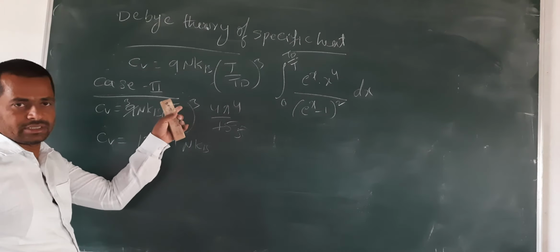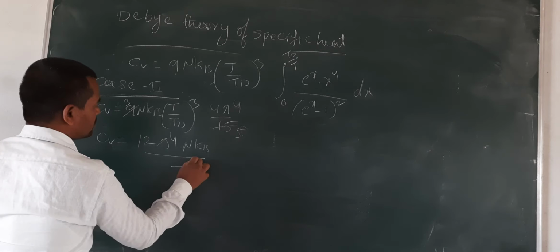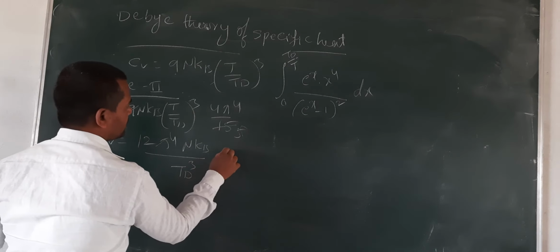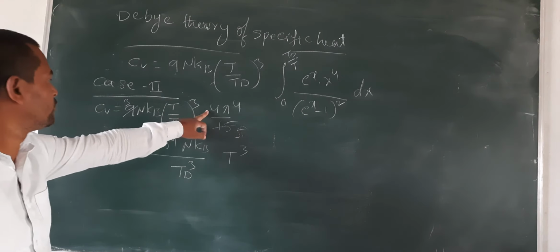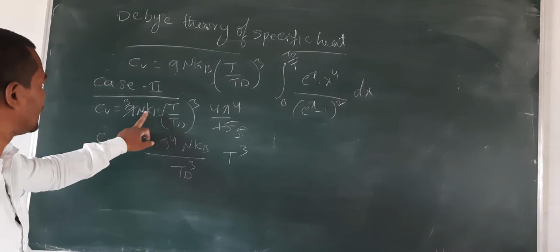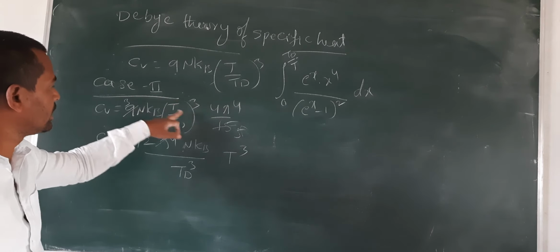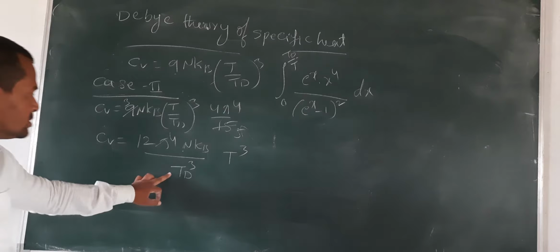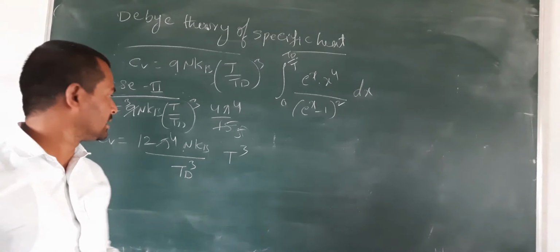So separate this T cube by Td cube, and write T cube separately. So 12 pi power 4 n kb by Td cube, and T cube is separated. Here Td is the Debye temperature, a particular temperature, a constant.